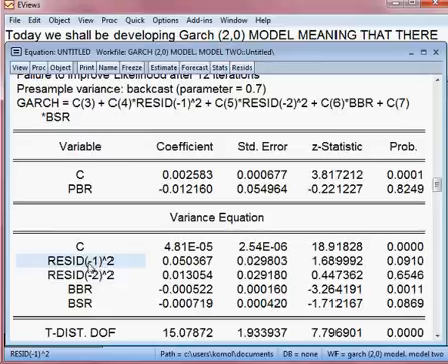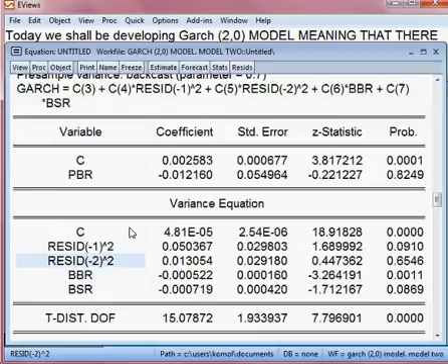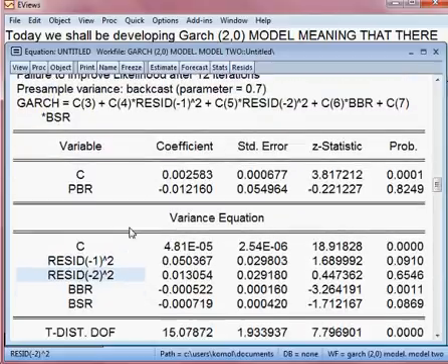So this is ARCH 1, this is ARCH 2. So I have two ARCH effects here, and there is no GARCH effect because it is a GARCH 2.0 model.